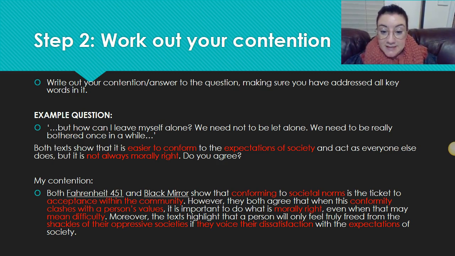Moreover, the texts highlight that a person will only feel truly freed from the shackles of their oppressed society if they voice their dissatisfaction with the expectations of society.